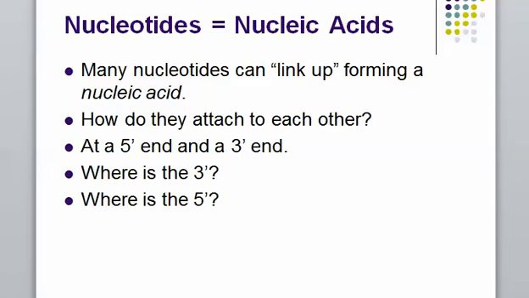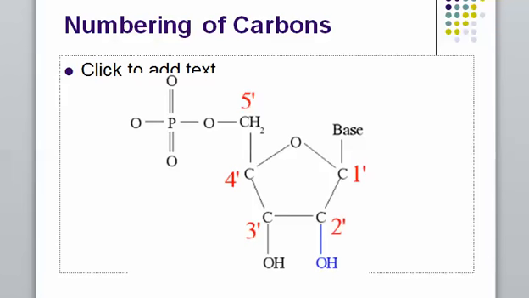So the 3' and the 5' are going to be regarded as the carbons on the sugar, the carbons on the pentose, the ribose. That is what we're after. So that's what the 3' and 5' represent. You have to imagine the primes meaning basically the other molecule.